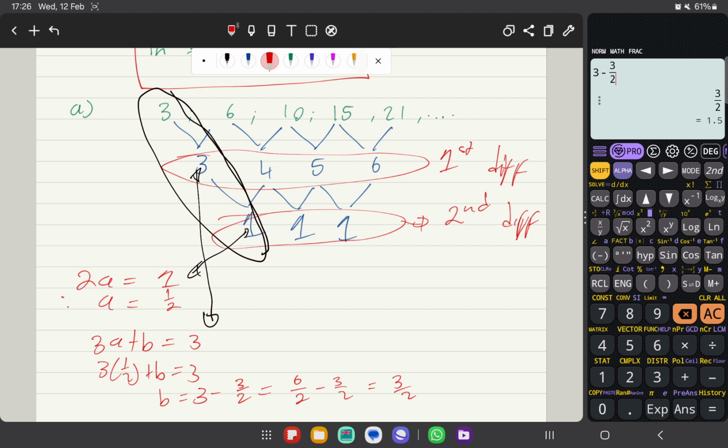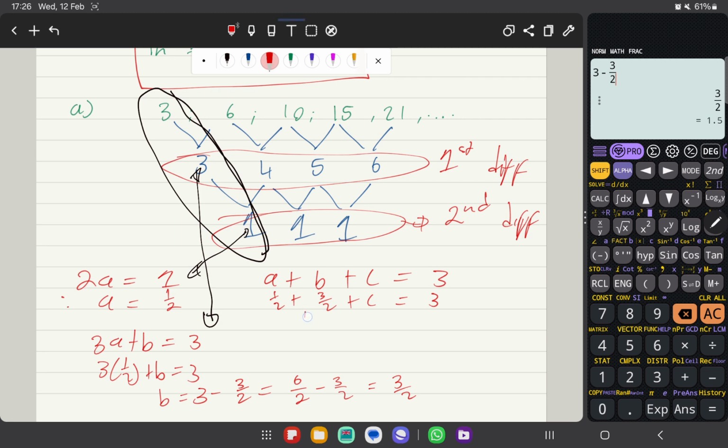The last thing for me to find is c. So I'm just gonna say a plus b plus c equals t1, which in this case is 3. So 1 over 2 plus 3 over 2 plus c equals 3.